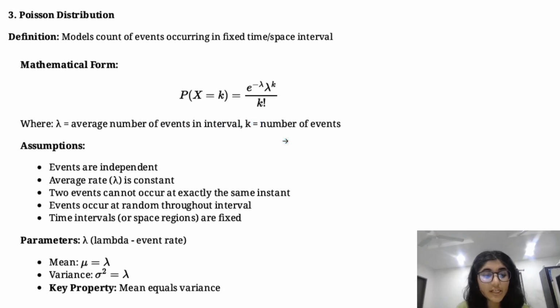The assumptions are that events are independent, the average rate is constant, two events cannot occur at exactly the same instant, events occur at random throughout the interval, and time intervals or space regions are fixed. The parameter is lambda, that is the event rate, and the mean, that is mu, and the variance, that is sigma square. The key property is that mean equals variance.